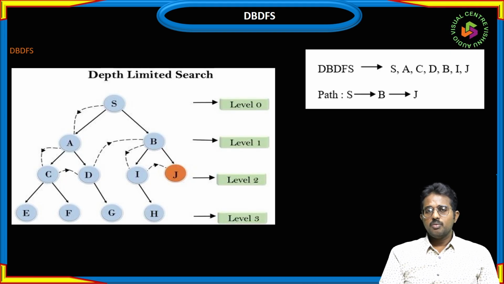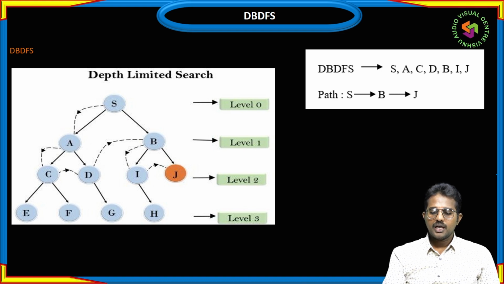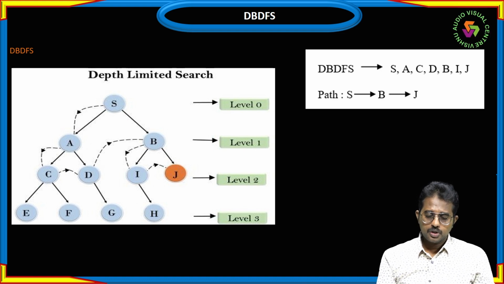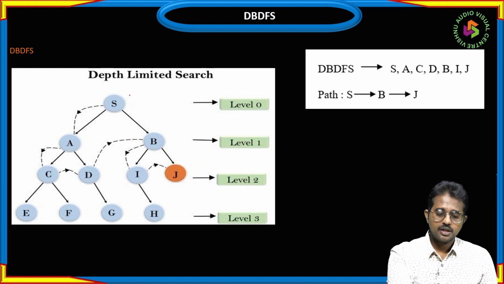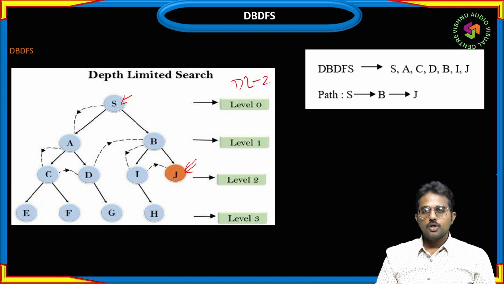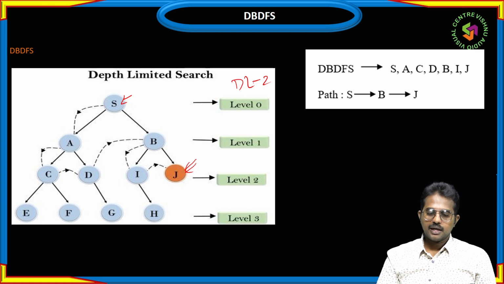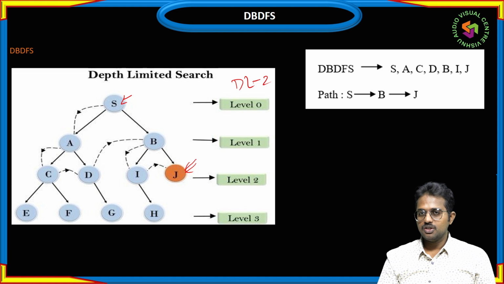So how is this DBDFS going to work on a graph? For example, I have taken a graph like this, a tree-like problem. In this graph, S is the starting state and J is the goal state. Now let us see how depth bound DFS or depth limited search is applied on an example graph. The predefined depth limit value is 2.